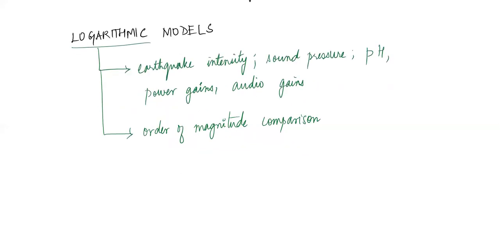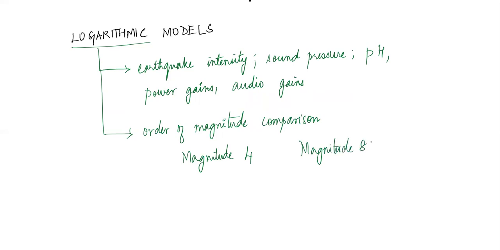So for example, if we talk about an earthquake with a magnitude of 4 on the Richter scale, and you had another earthquake of magnitude 8, so let me just write that here, magnitude 4 and magnitude 8.